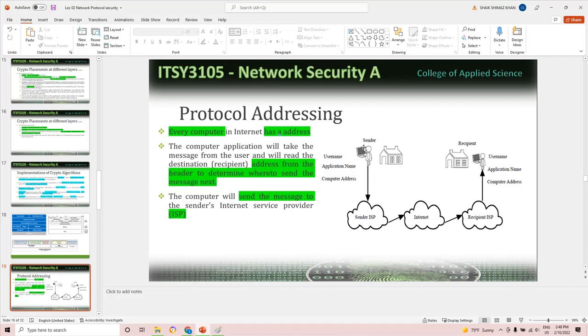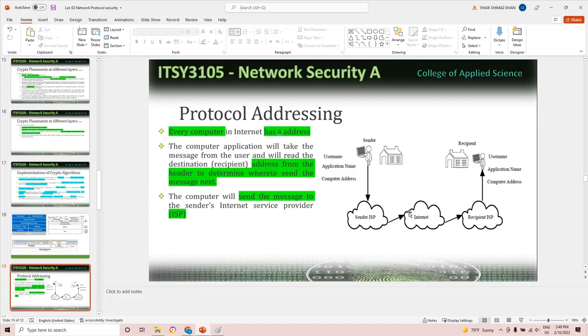So when this data along with the header reaches the ISP provider, it will send it across the network to the appropriate recipient internet service provider, for example from Omantel to Etisalat.